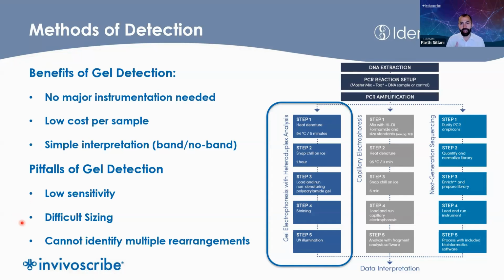When we look at a rearrangement of 350 base pairs versus 360 base pairs, you usually cannot tell that difference between gel electrophoresis platforms. And then if we have two clonal cell populations or a single cell population that has two rearranged chromosomes, we cannot identify multiple clonal rearrangements. They'll be too close together and their band will just be one very large band.